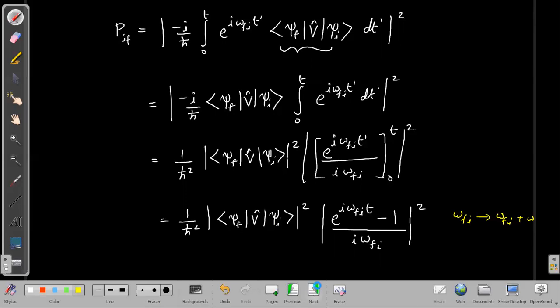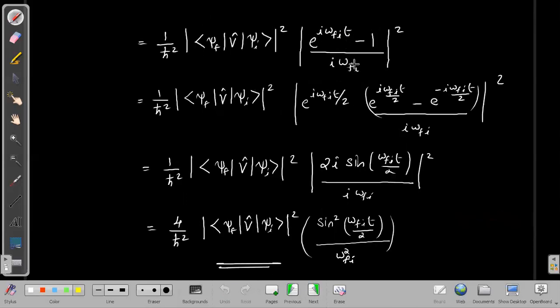Okay, so if that is the case, what I have to do here is take e raised to iω_fi t by 2 commonly outside, and this entire term will take the form of 2i sine(ω_fi t by 2). So you will get 2i sine(ω_fi t by 2) by iω_fi. The i will cancel, and the mod square of the phase would be 1. So finally it will be 4 by h cross square in this term.